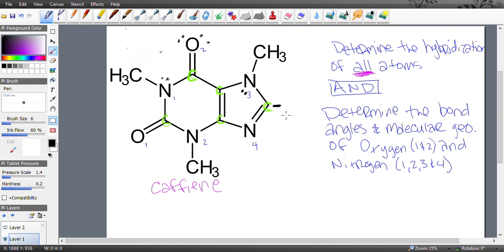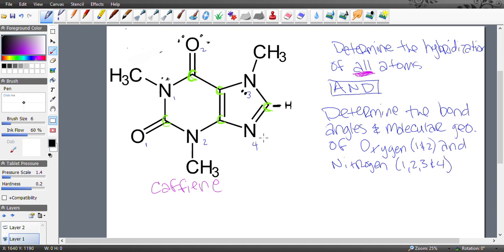So instead of drawing a lone pair, in this case, it's going to be a hydrogen. Whenever there's a terminal hydrogen set on something, it'll be shown, but where the lines come together, it's just assumed. Yeah, so there's a hydrogen right there.